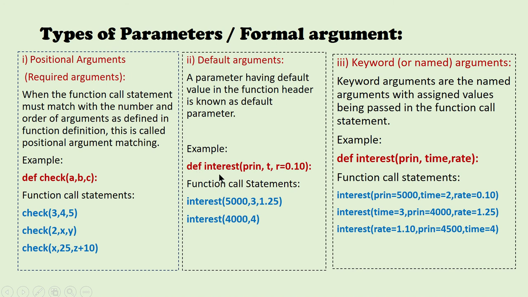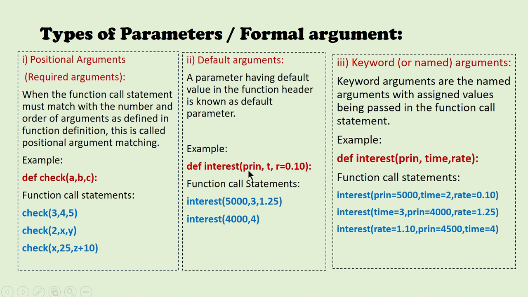def interest(principal, t, r=0.10). I am planning to calculate simple interest. I need to have the values of principal, number of years, and then rate of interest. Most of the time it is 0.10, so I set it as a default value.